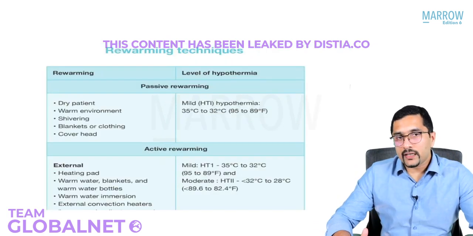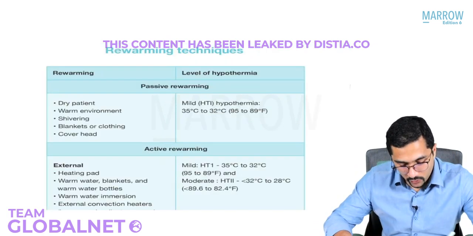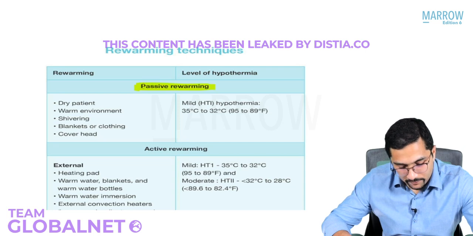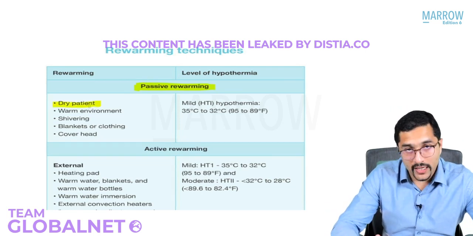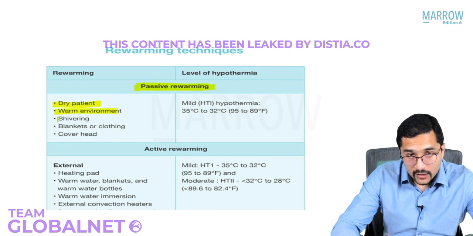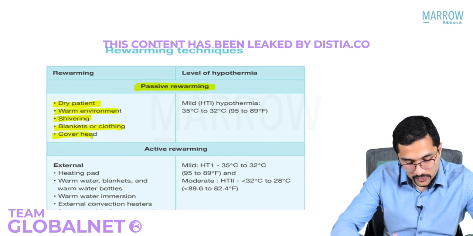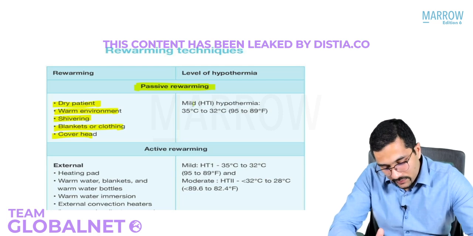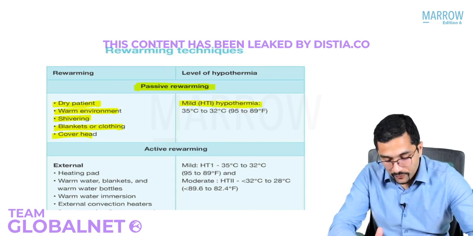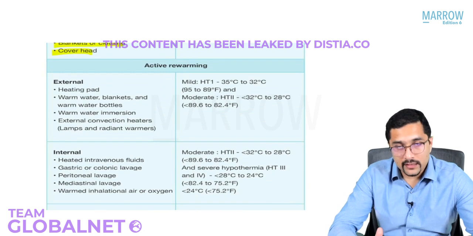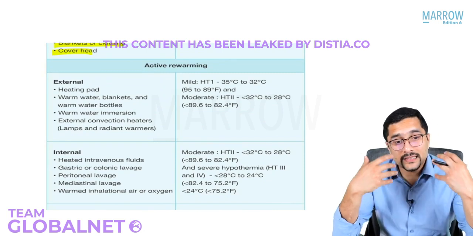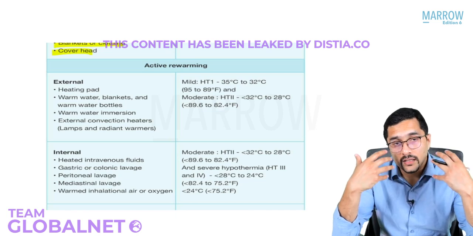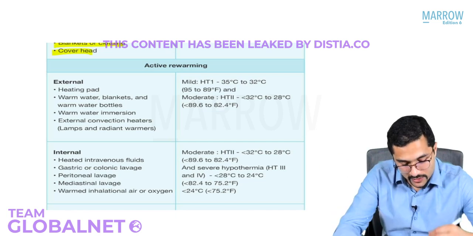Now, rewarming techniques, I told you, you can either have passive rewarming or active rewarming. Passive rewarming is when we are preventing heat loss, and this can be done by drying the patient, a warm environment, shivering, blankets or clothing, and covering the head. This is mainly done for mild hypothermia. Active rewarming techniques can be divided into external and internal, and these are basically when we are actively trying to heat up the patient.